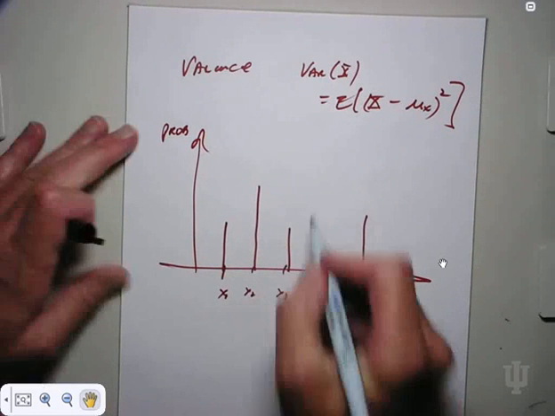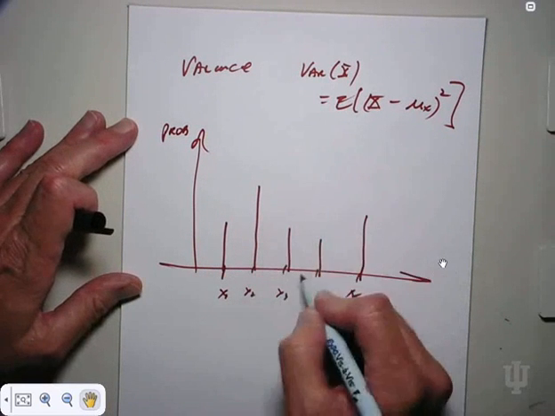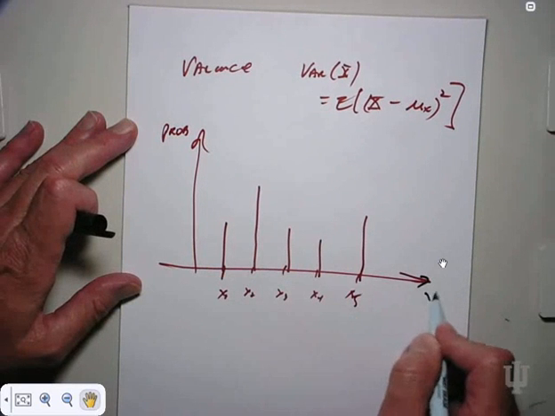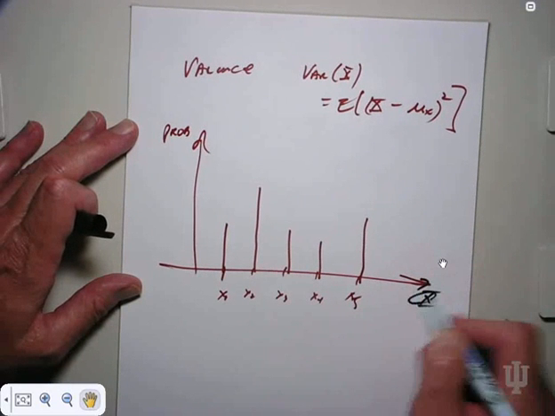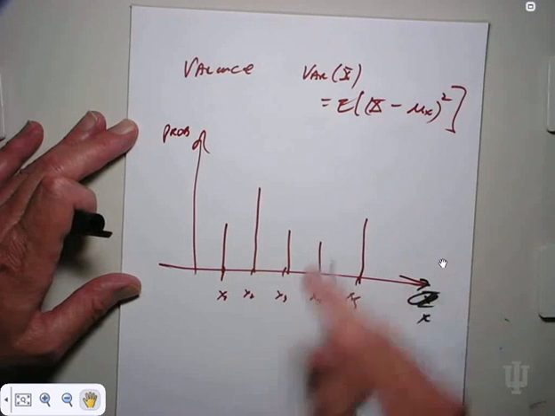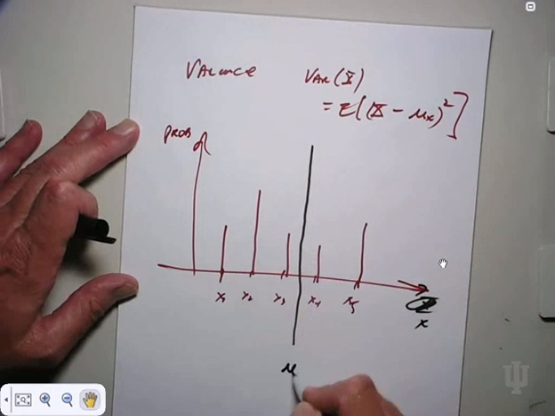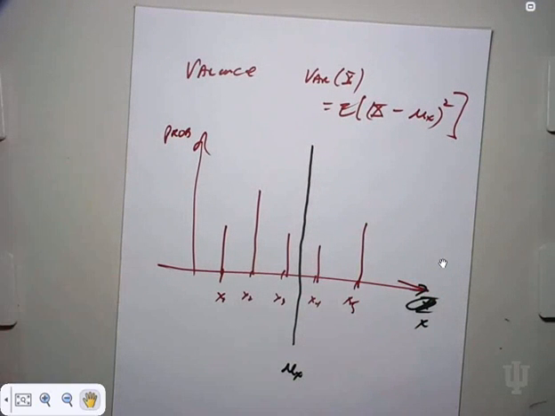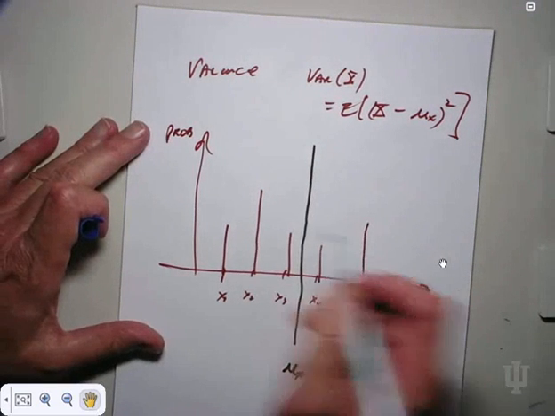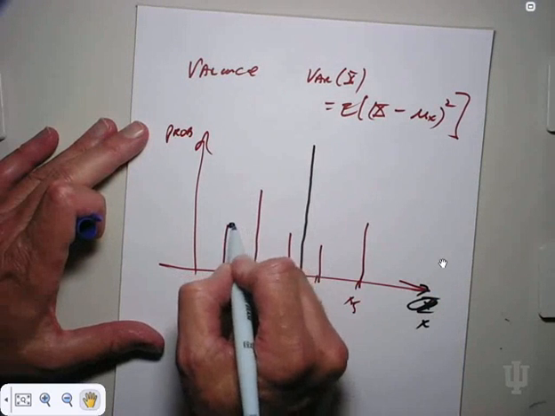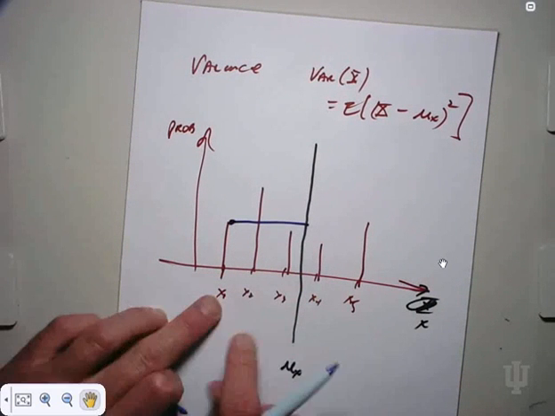Mu x is a specific number, and we're going to graph it. We're going to place it on the x-axis. So here, suppose mu x is this. I got colors today. This distance is the distance between x1 and mu x.